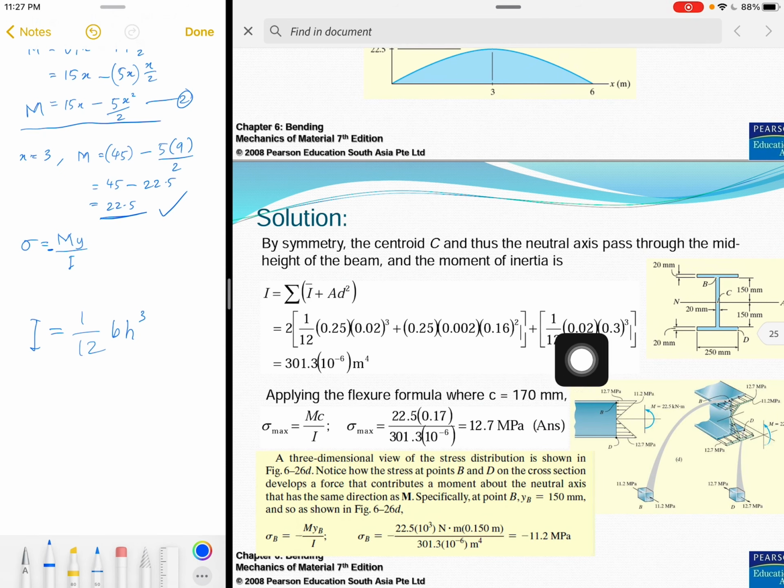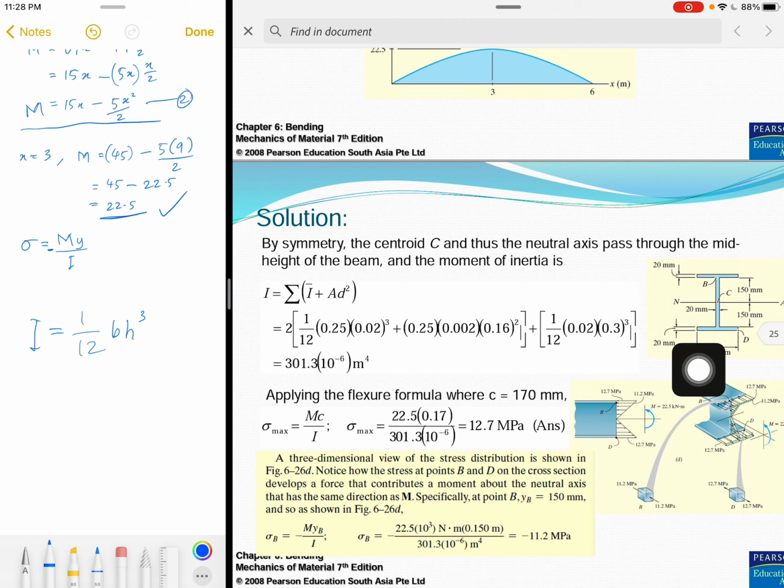So by using this formula, we can get this equation. 0.02 is actually the thickness, which is parallel to the neutral axis right here, and then 0.3 is the length for the vertical rectangle.